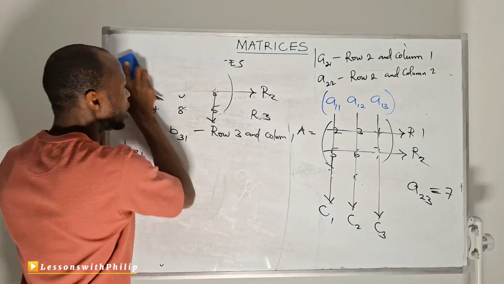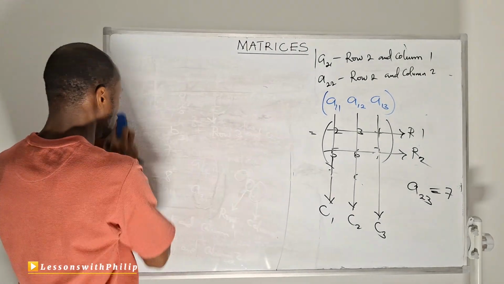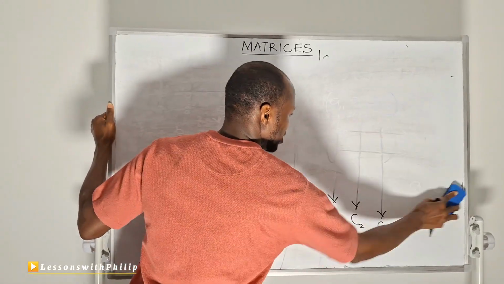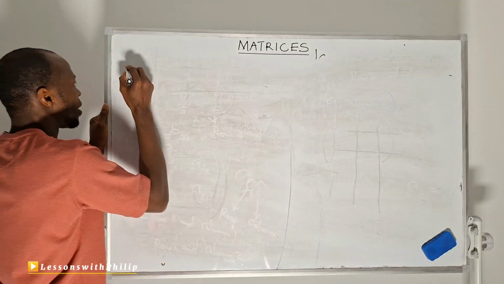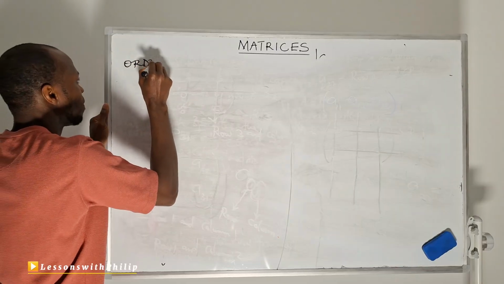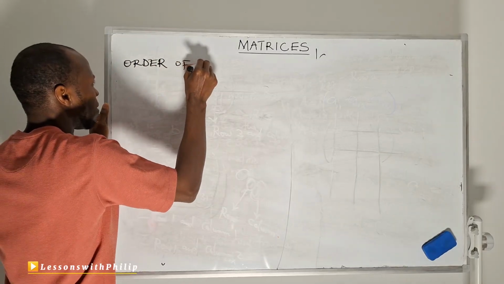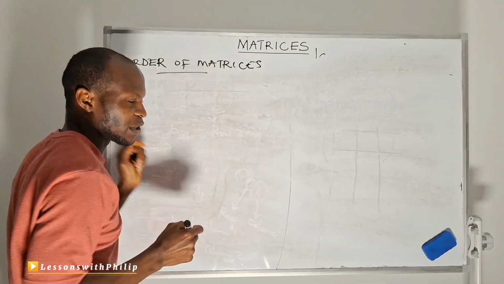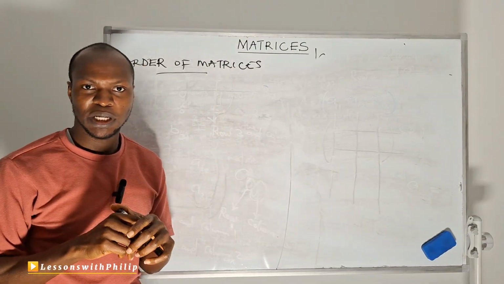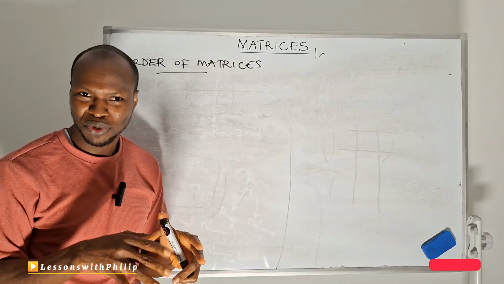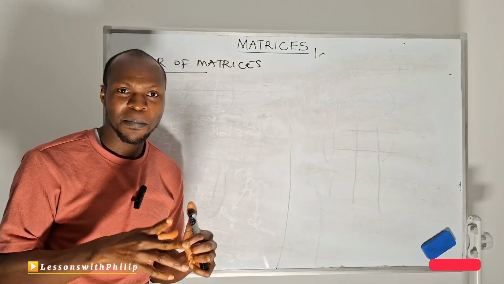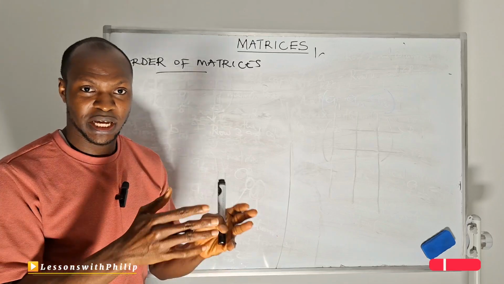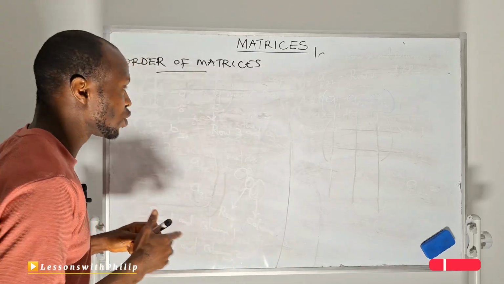All right. Let's go further to the order. Let's go straight to the order of a matrix. Order of matrices is just telling us about the number of rows and the number of columns in a matrix. Are you getting me now? Since we have been able to explain that there are rows and columns in a matrix, how do we know the orders?